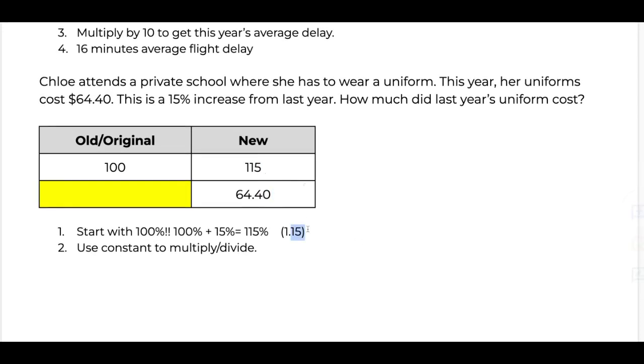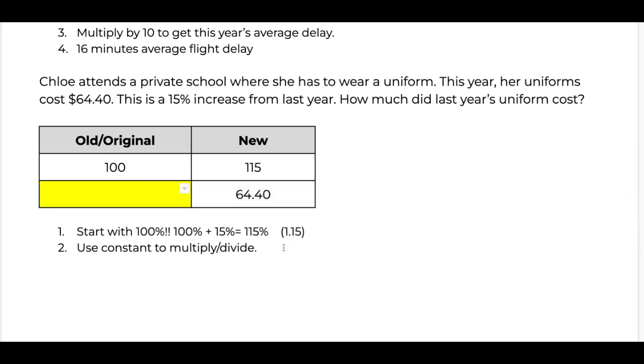And we already said our constant was 1.15. Again, if you're not sure how to get that, once you've added the 15% to get 115% right here, that is your constant. And percent means out of 100, or you can divide backwards in the table. Both ways you divide by 100. So you do 115 divided by 100, and that gives us the 1.15. Okay, so then you're going to be trying to figure out how to go backwards.